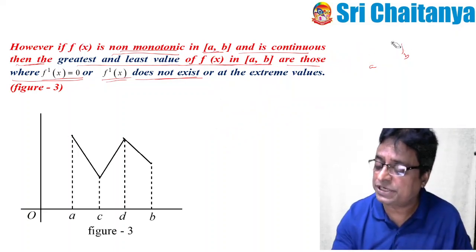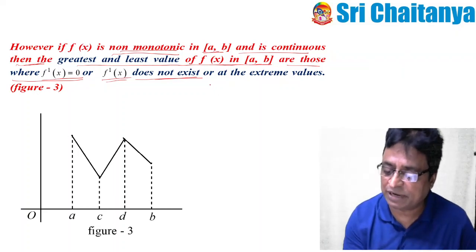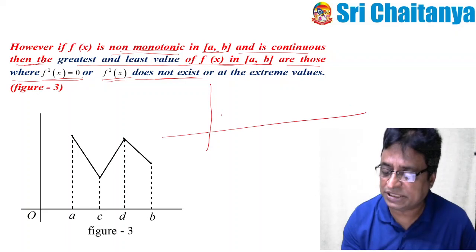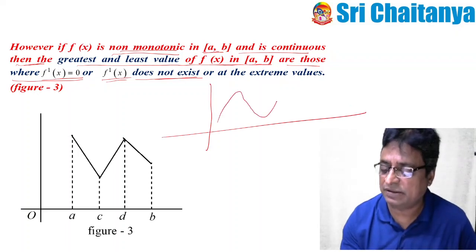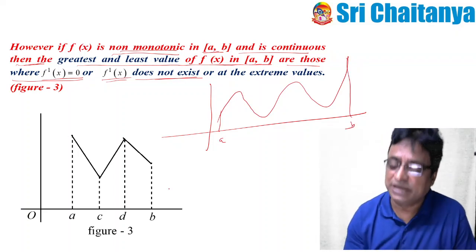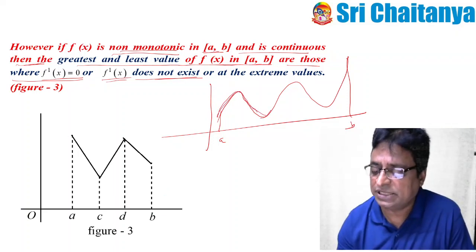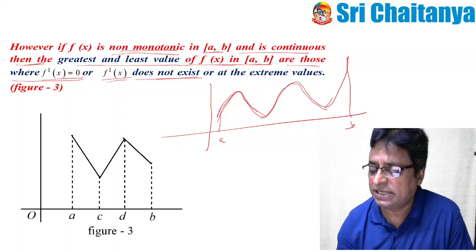Suppose your function is not monotonic but is continuous in closed interval ab, say for example this is the situation happening here. Suppose this is a and suppose this is b. This is called non-monotonic, because up to here it is increasing, then onwards it is decreasing, again increasing, again decreasing, again increasing, like that.